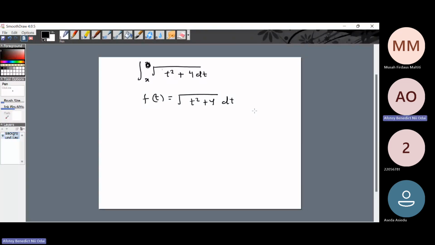Yeah, so let f of t be this. Okay, now we can redefine our function as the integral from x to 0 of f of t.